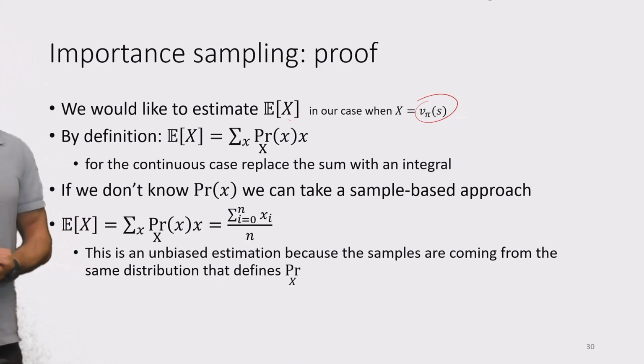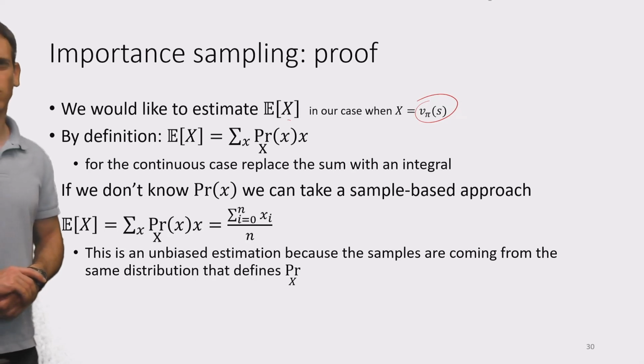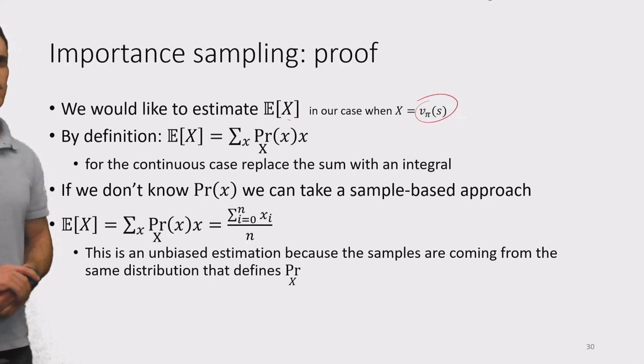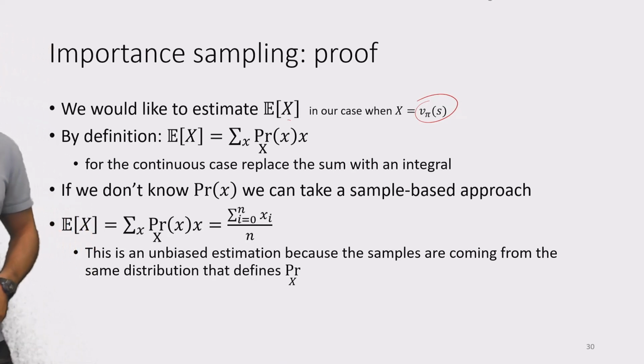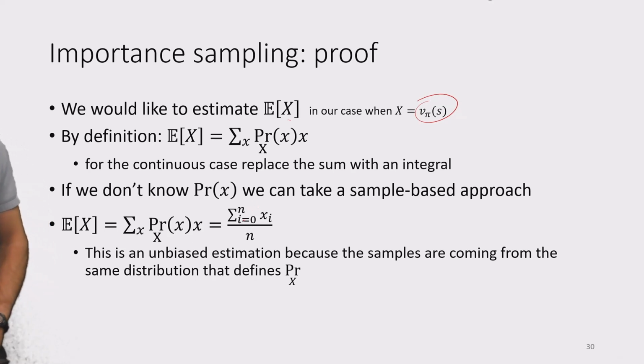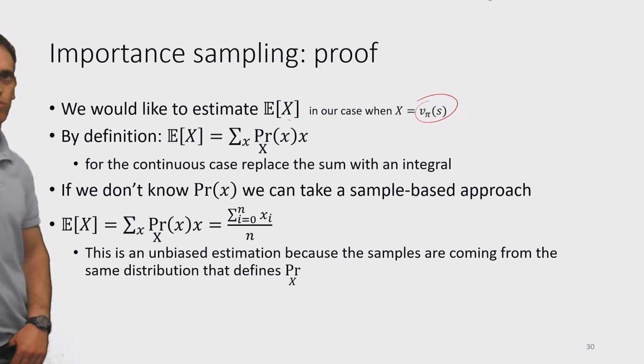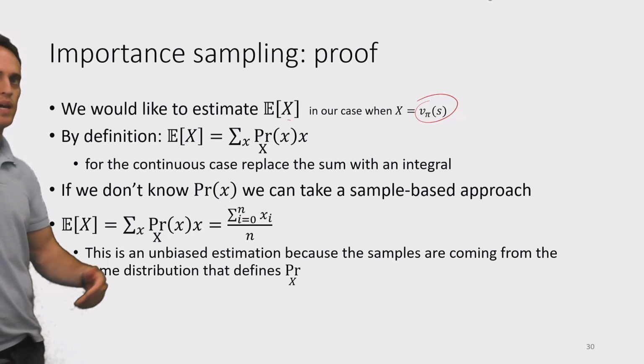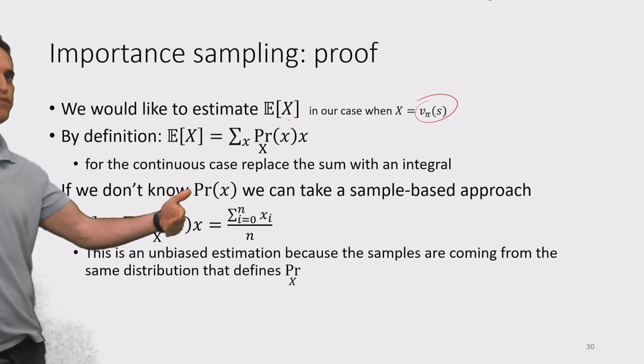Okay, now for the case that we don't know the probability for each outcome x, we saw that we can define the expected value over x as simply an average of all possible outcomes when you sample enough samples, right?